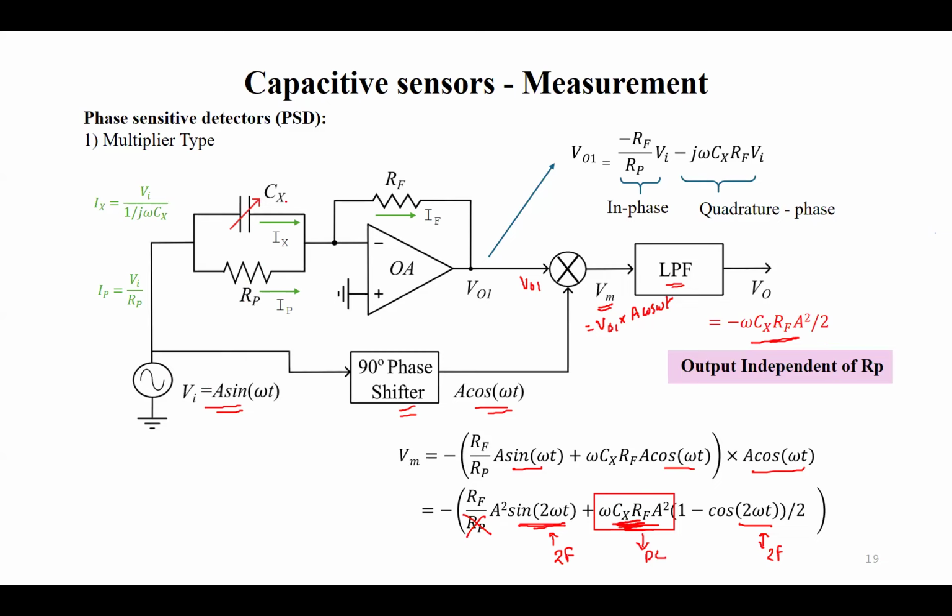So the multiplier type PSD helps to measure the effect of Cx, right? The output will be directly proportional to Cx, independent of the value of RP.